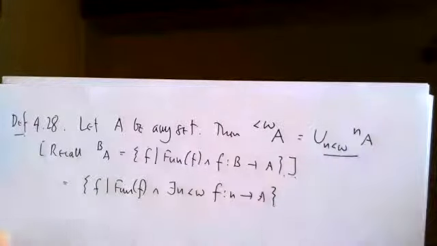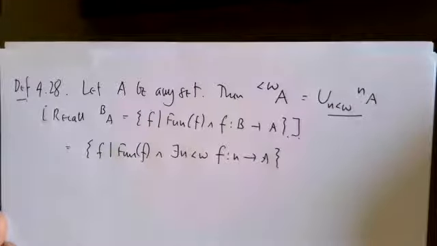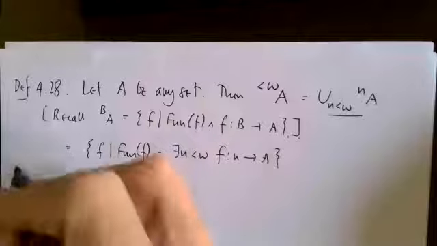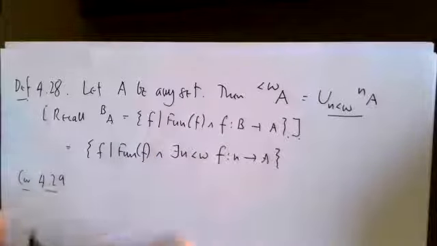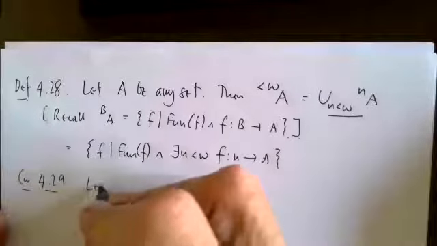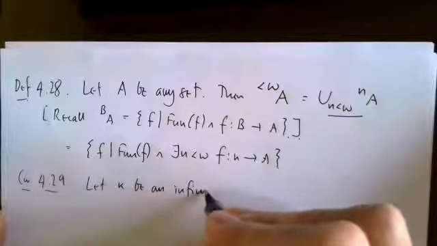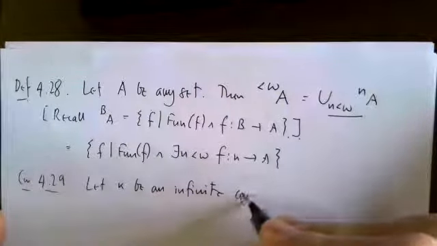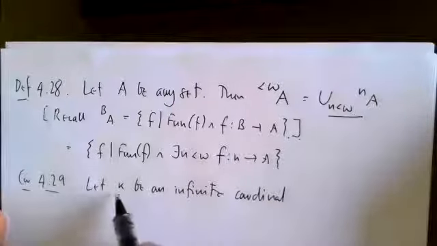So this is this here. So corollary 429 here. Suppose I've got an infinite cardinal kappa.